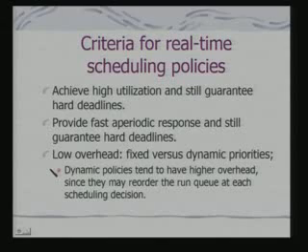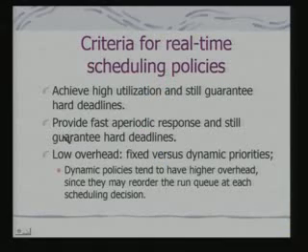So, you would like to have high utilization and still guarantee hard deadlines. Now, there can be a conflict on this criteria, because if you are trying to meet the deadline, you may not be able to admit jobs to increase your CPU utilization.